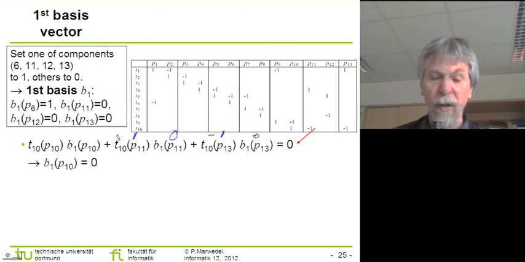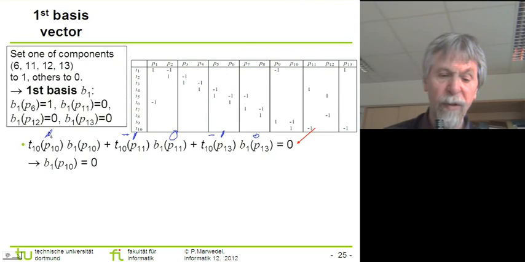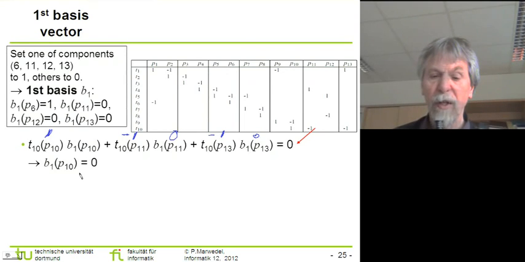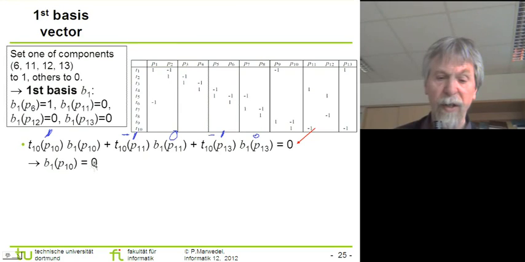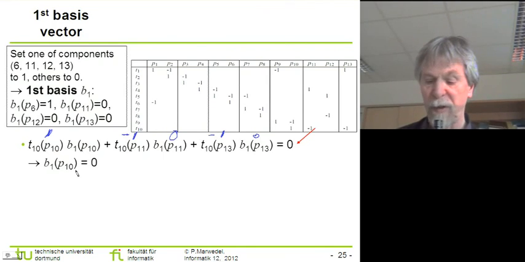And we have T10 of P10, that was a -1, and that is a 1 over here. So if we look at this equation, we see that this term is equal to 0, that term is equal to 0 as well. For the overall sum to be equal to 0, it is necessary that this term is equal to 0 as well. So this gives us one additional component of this basis vector.